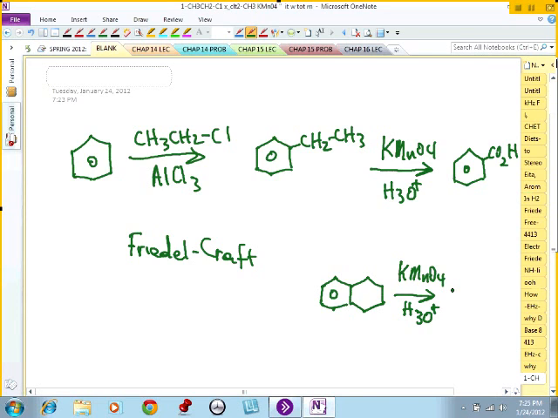Both of them become carboxyl groups. It just opens up. In other words, anytime you have an alkyl group attached to benzene, the carbon that is attached to benzene becomes a carboxyl carbon whenever you use this reagent.